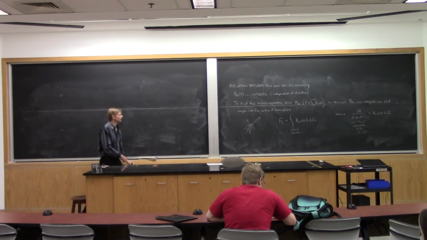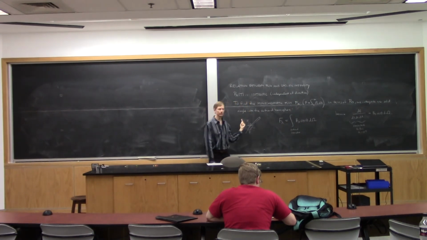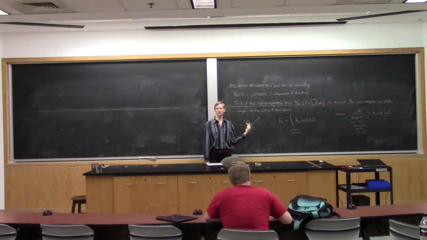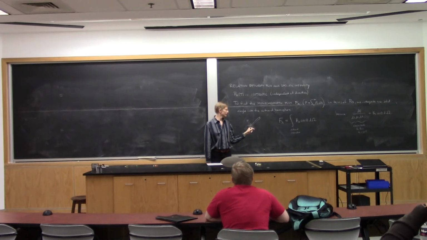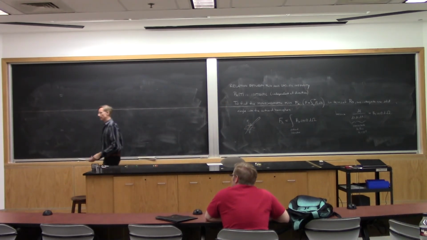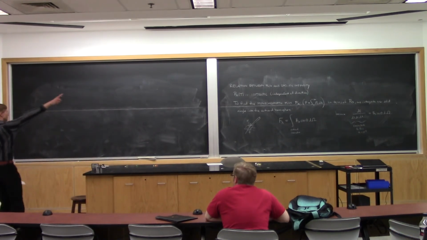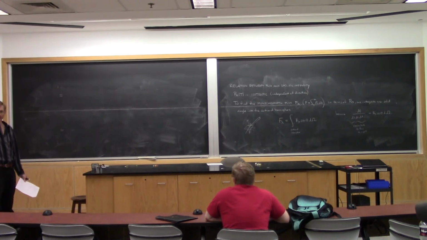So if I'm integrating over the outward hemisphere, I'm integrating over theta and phi, so I have to decide what ranges of theta and phi am I talking about. If I'm integrating over every outward direction, what range of phi am I covering? 2 pi. What range of theta? 0 to pi over 2, right?